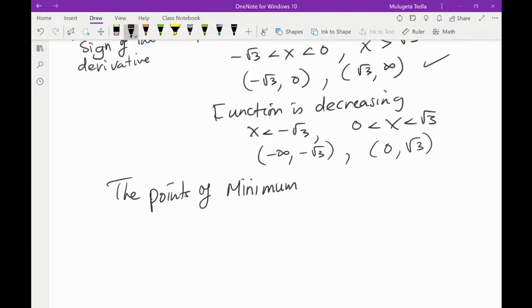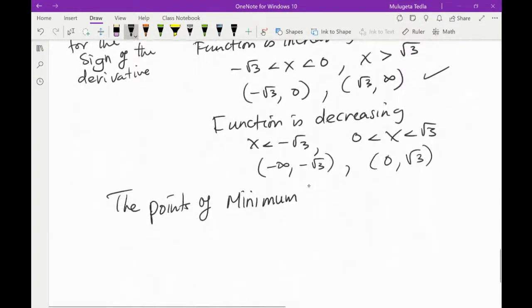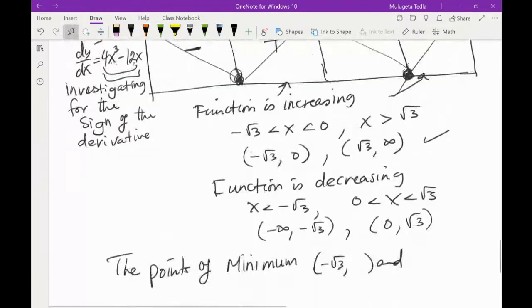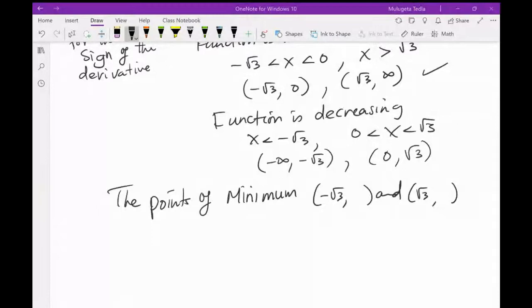So the points of minimum, what are they? Negative root 3, I have to find for y, and root 3. And I have to find for y. I know some of you might have found it already.